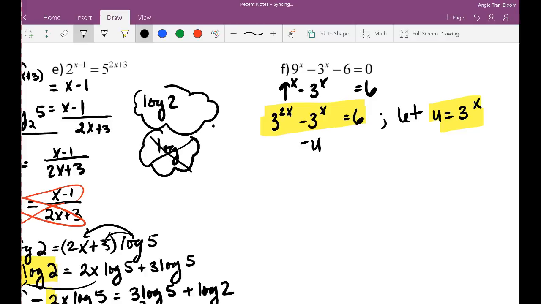Dylan says u squared. How? Is 3 to the 2x the same as 3 to the x to the power of 2? Would that be correct to say? Yes. I'm going to bring the 6 back. Okay, so Dylan said 3 to the 2x is really u squared.